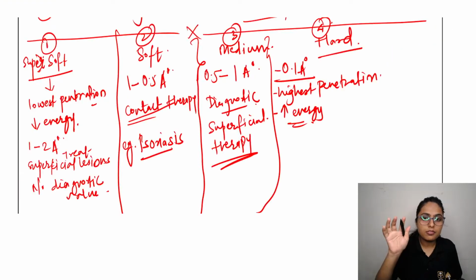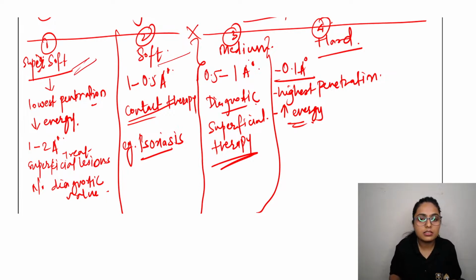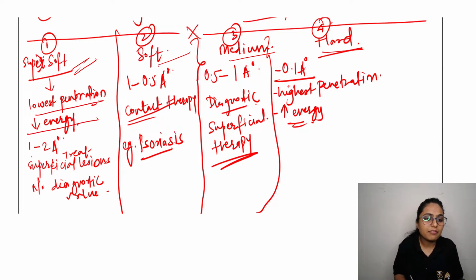So there are four types of X-rays that we have. First is super soft X-rays, second soft X-rays, third medium X-rays, fourth hard X-rays. All right. Now, super soft X-rays, according to the name, you can just derive what energy they must be having. So super soft X-rays have lowest energy with lowest penetration, and wavelength of 1 to 2 Angstrom.